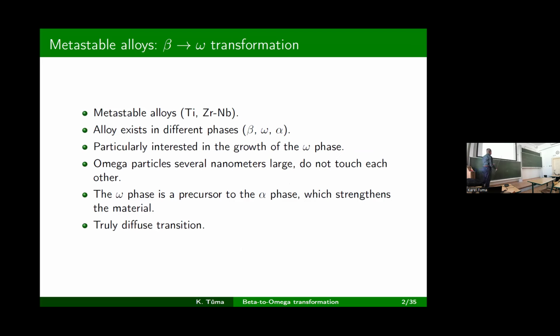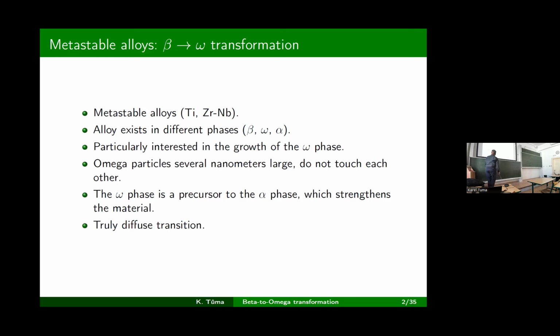So metastable alloys, such as titanium alloy, can exist in different phases. Typically, phases are called beta, omega, and alpha. And after the quenching of the beta phase, the material slowly transforms eternally into the omega phase. And the omega phase is important for us because it is the precursor of the alpha phase, which says if the material will be stronger at that place or not.